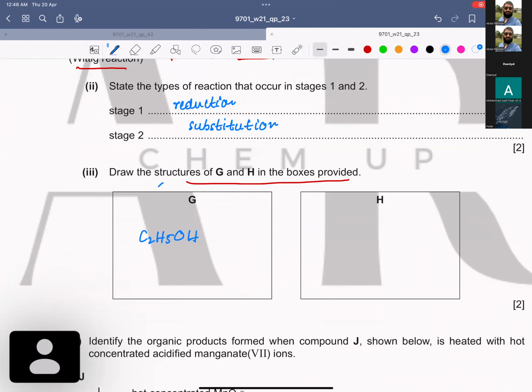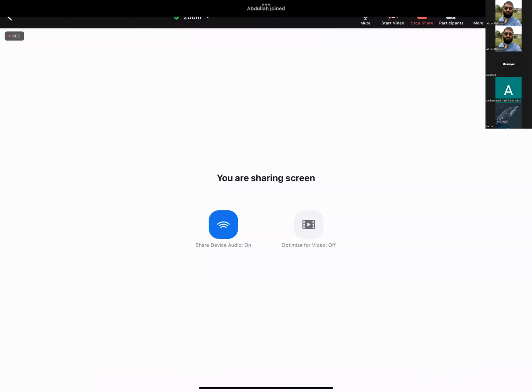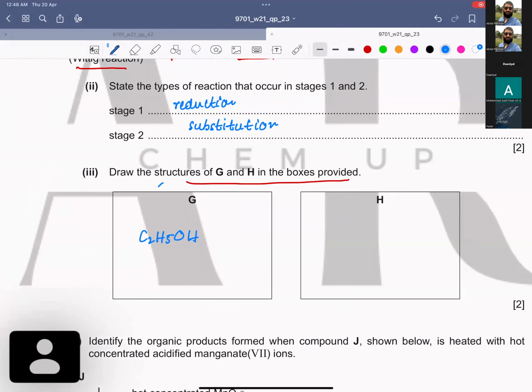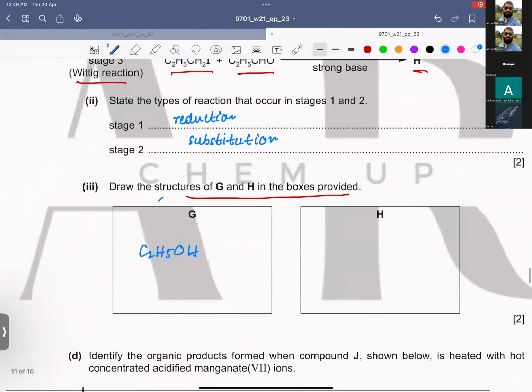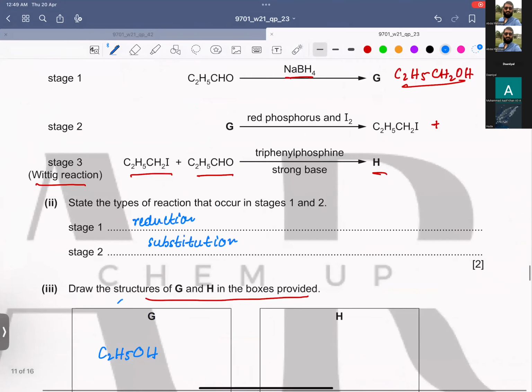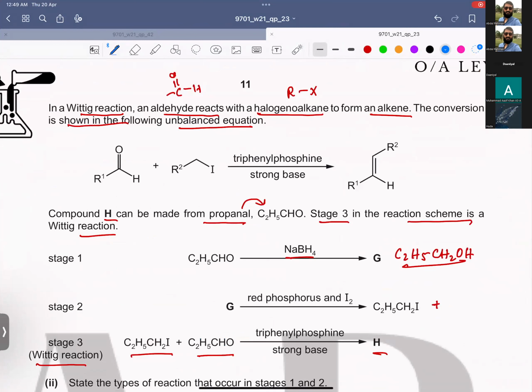And then on H, we have to draw the H. If you see over here, there is a double bond found between this carbon and this carbon, right?